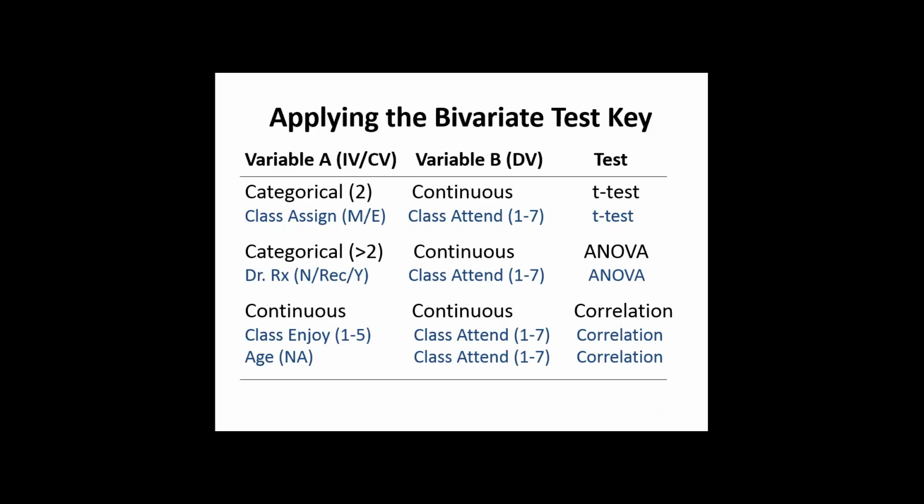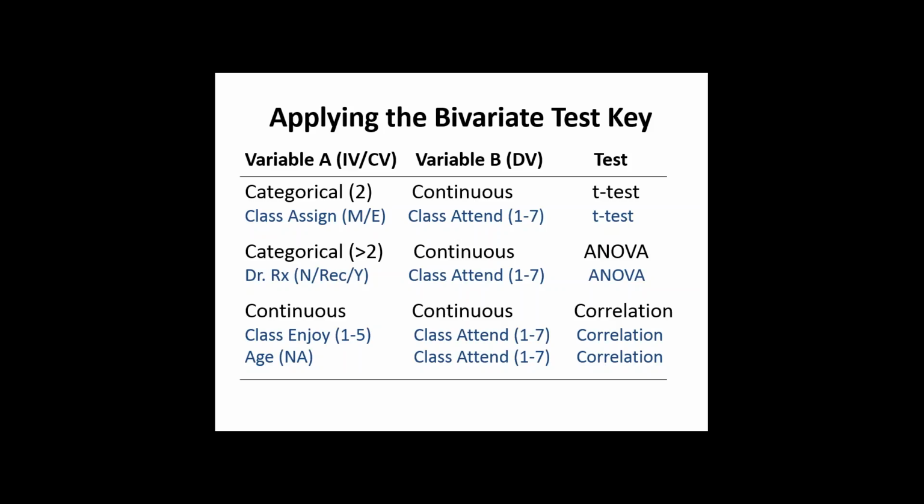So here we go, right? If you ever do have a study and you need to do a bivariate analysis, all you have to do is figure out what the structure of each variable is, and you plug them into this table, and you know the bivariate test to use, right? So in the first line, variable A is categorical with 2 categories, such as class assignment, morning or evening, and variable B is continuous.